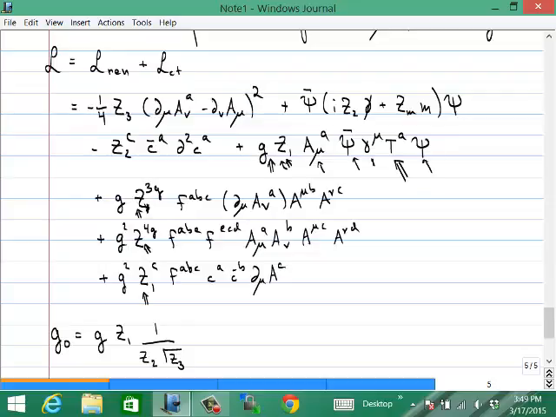Right, so this term here, we're comparing that term in the renormalized action to the term in the bare action. In the bare action, you write everything in terms of the bare fields. And by comparing, say, this term here to the action involving the bare gauge field, you see that the renormalized gauge field A is related to the bare gauge field by a factor of the square root of Z3.